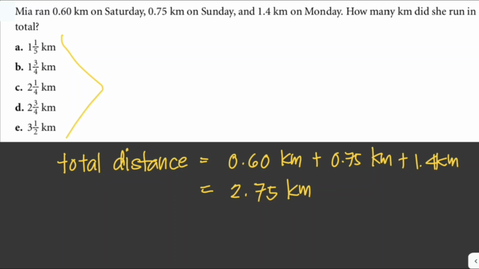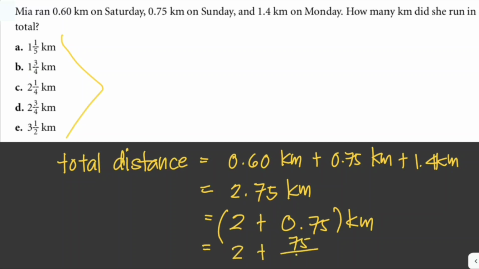Let's take a look at our choices here. We don't have 2.75 kilometers, but we're given mixed fractions, so that means we need to convert the decimal 2.75 into a mixed fraction. I'll show you how to do it. We have the whole number 2 plus 0.75 kilometers, and we can write 0.75 as 75 over 100.